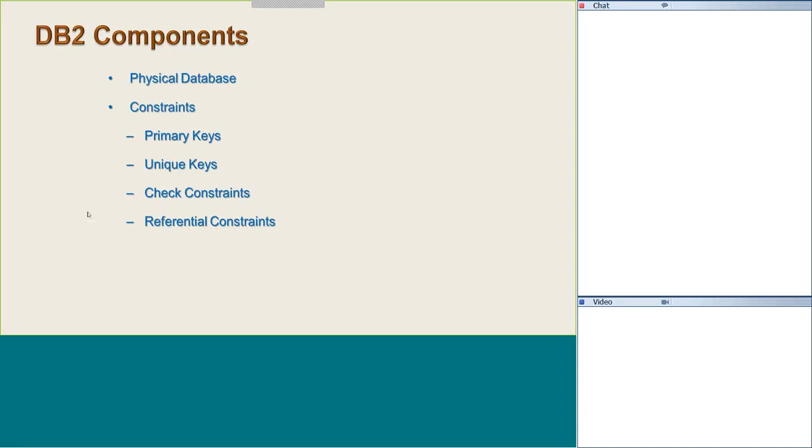Now, we will go into each one of these in a lot more detail, and we will look at exactly how they work. But the referential constraints are the things that allow you to build your relational database, because they define the relationships, one-to-one, one-to-many relationships between physical files in the database. Now, there is a limit to the number of constraints that you can have on a single physical table.